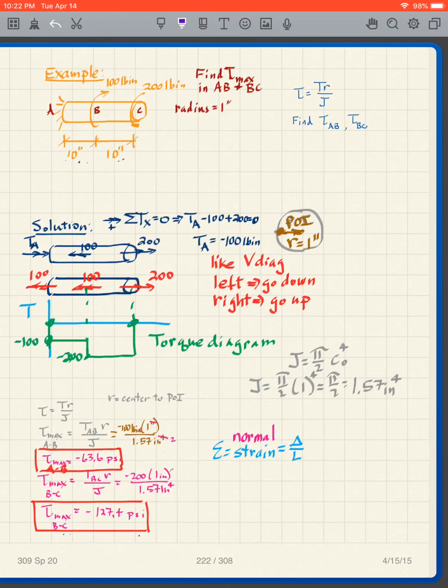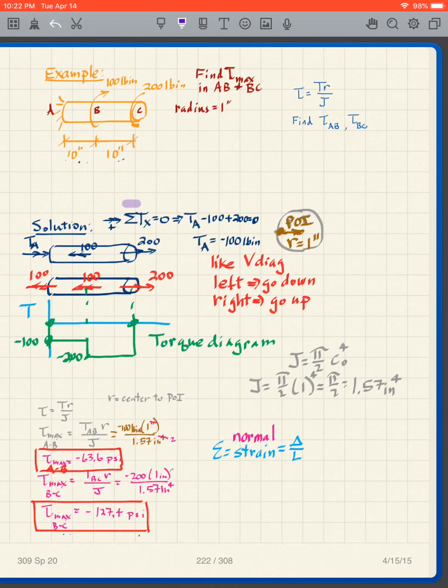Then we made a cut at the wall. Wherever we make a cut, we have to put a force or forces. Since we're doing torsion, we put in torsion. I don't know which direction this is going. So remember, if I put a letter next to it, it doesn't matter what direction I show. If I put a number next to it, I have to get the direction correct. So it doesn't matter which one, I'm just showing a guess here.